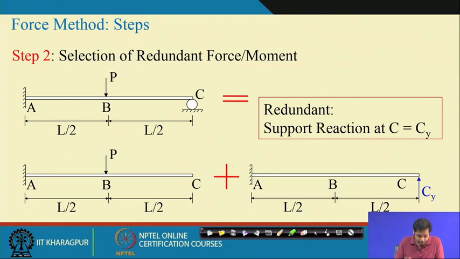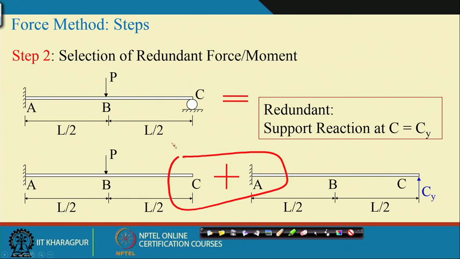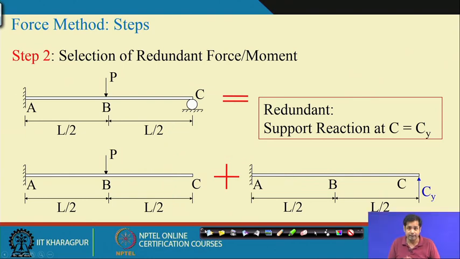Okay, one is the cantilever beam where there is no support at all, and then there is another cantilever beam where we have just the support reaction. So, these two together give me this, that is the superposition, right, linear superposition. As long as your force-displacement relations are linear, we have linearity in the system, and this superposition is applicable. Okay. So, this is case 1.